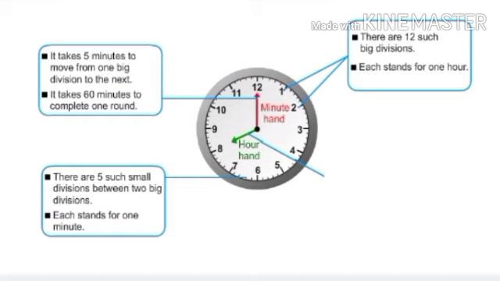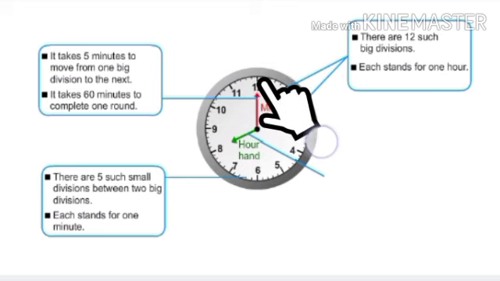Then it takes 1 minute to move from one small line to the next. See here, the minute hand is moving around the circle.